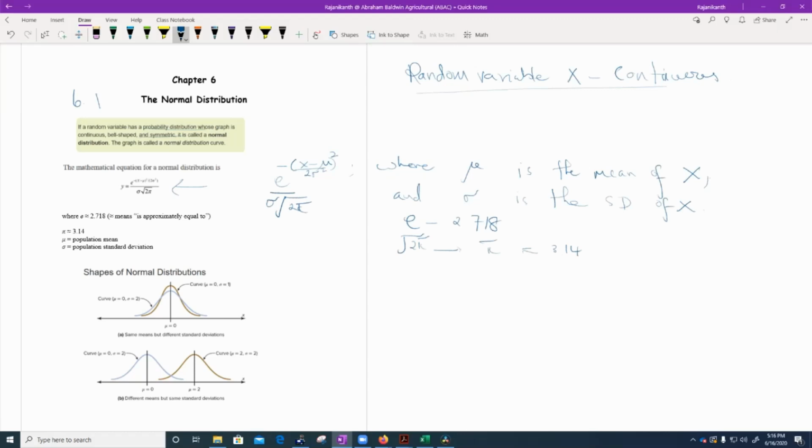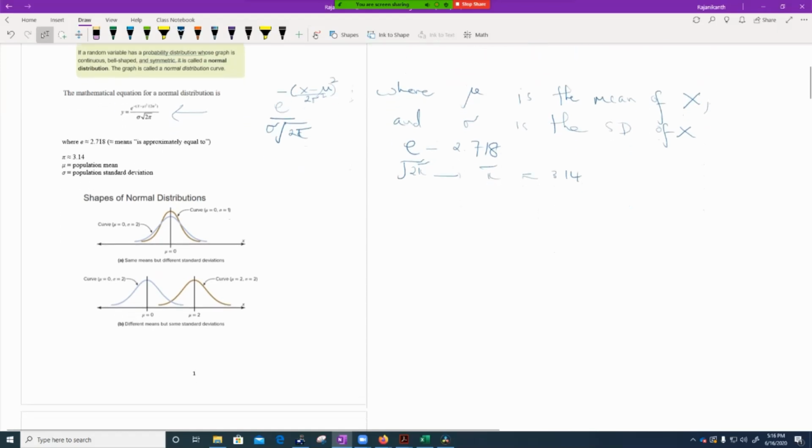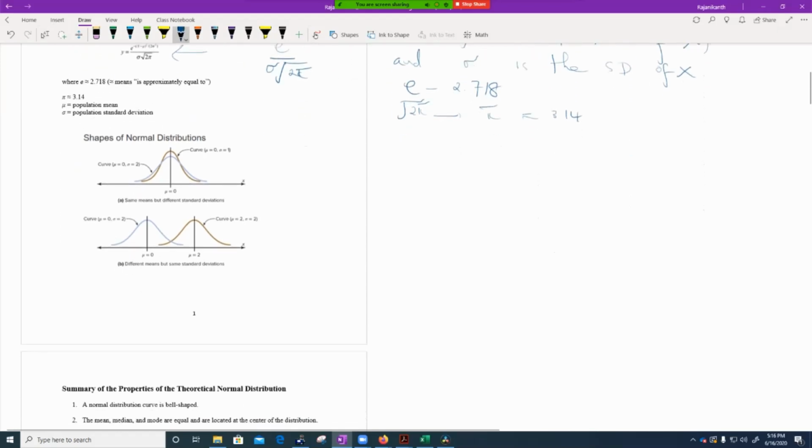Now, if you draw a curve of this normal distribution, it will be a symmetric and bell-shaped curve. The middle line is always going to be the midpoint of this distribution.